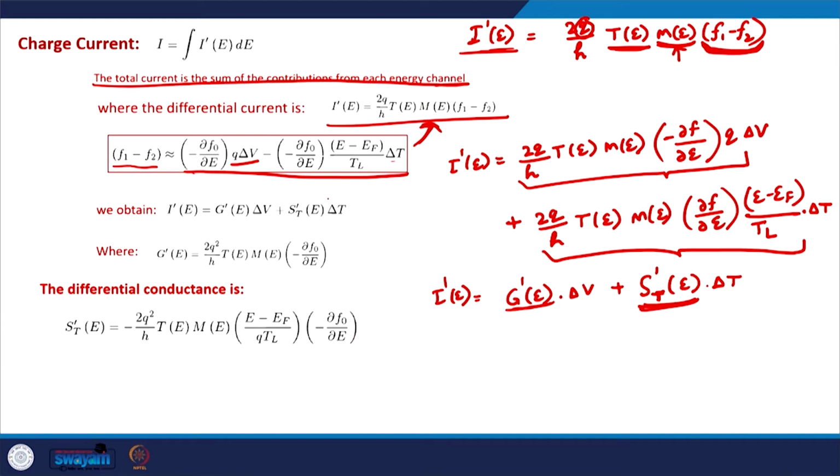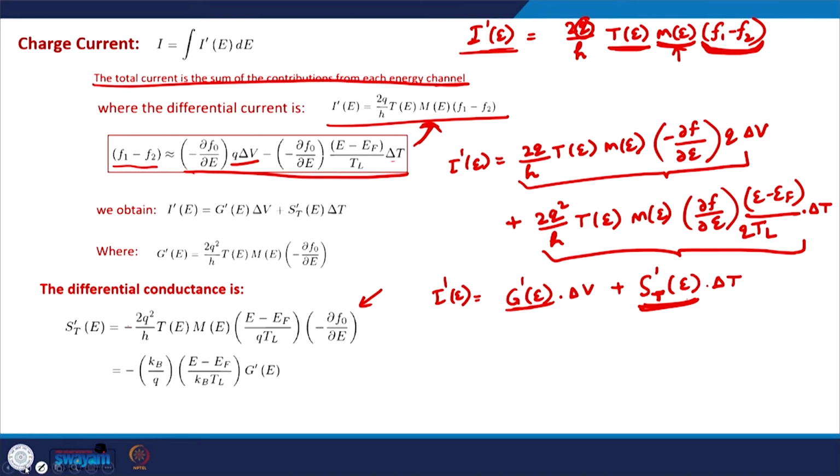Okay, so I leave this to you to figure out exactly how to come to this expression, because in this case we have been multiplying by q, dividing by q, and in that case this is what it becomes. Negative negative becomes positive, so that is why we have a positive term here.